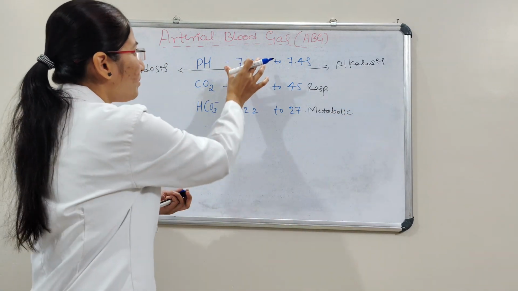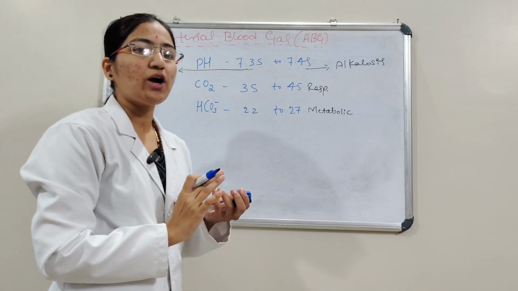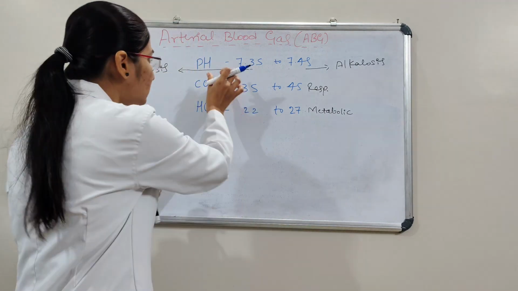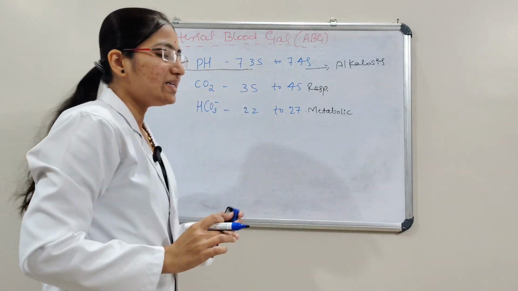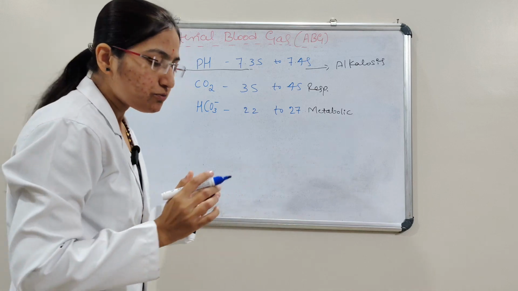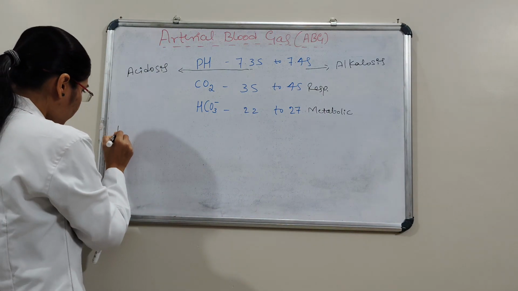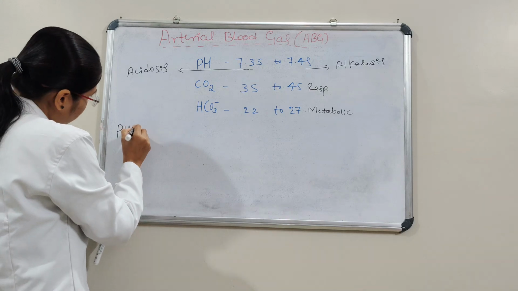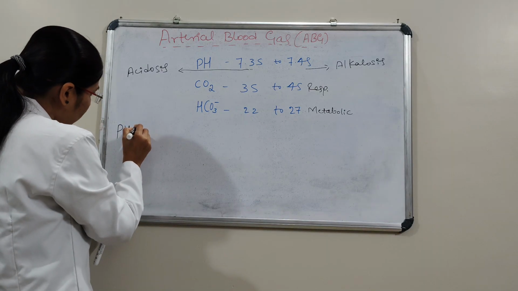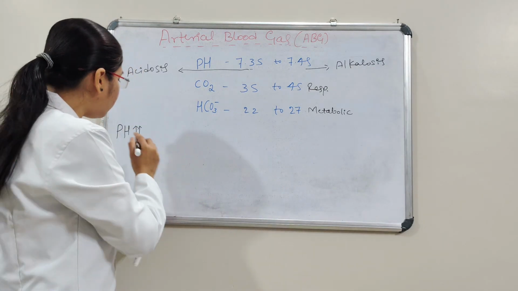This is the normal range we are going to check: pH, CO2 and then bicarbonate. Here one formula is there, and you have to keep it in mind.